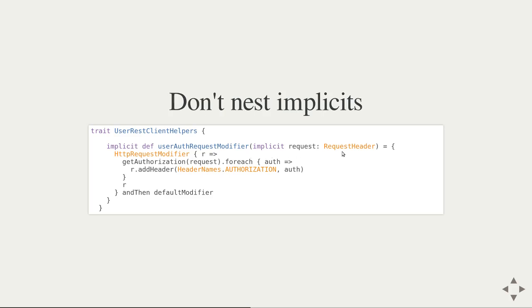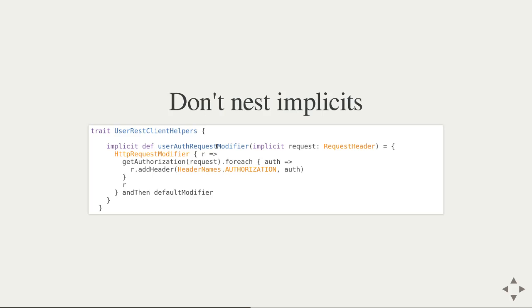And so we take this implicit request header, which is Play's request object, and tie this in with our HTTP request. And so now all of a sudden, when you make a .get request to the user service, it takes an implicit request modifier that knows how to apply the authentication headers, and it does so without you knowing, just because you happen to be carrying around this context variable, this implicit request object, everywhere you go.